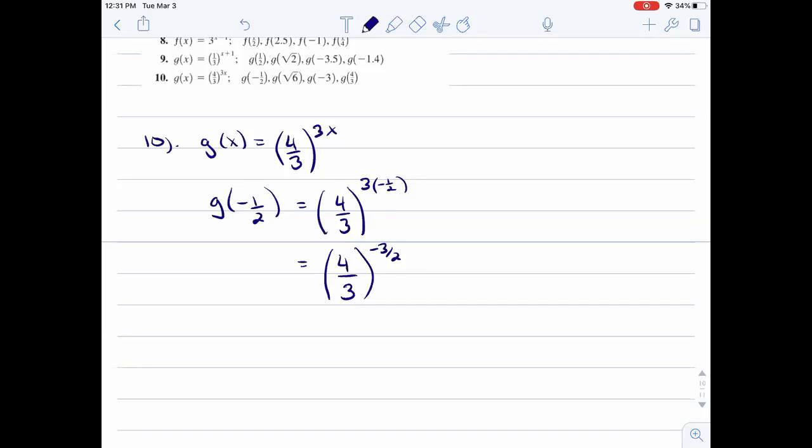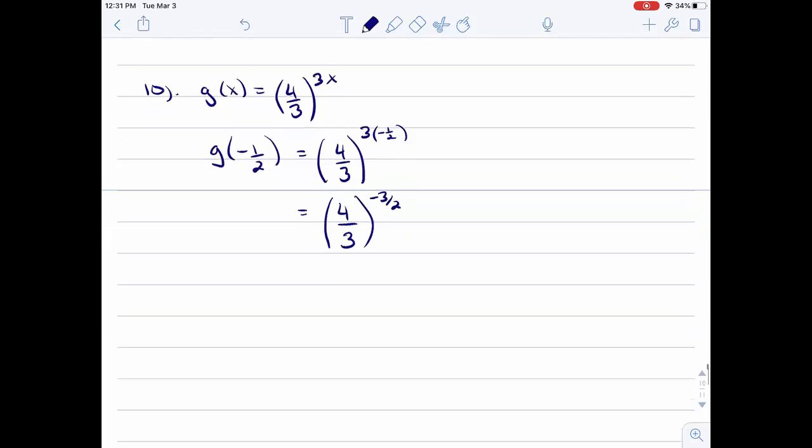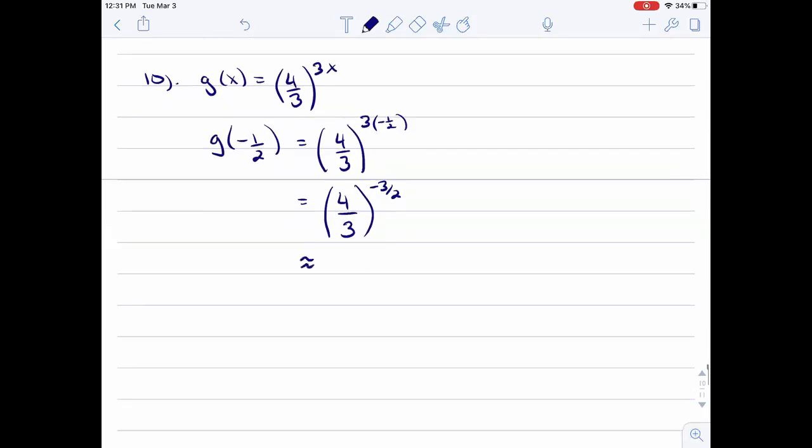So I've got (4/3) to the power of, and then brackets again, -3 divided by 2. So I get roughly, because I have to round at some point, 0.649519058. Cool.